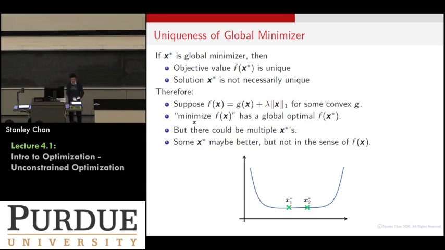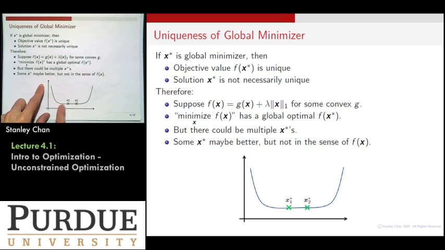Let me give you an example here. Okay? So imagine that you have a function that has this shape, and at the bottom of this function it is all flat. See that? It's all flat. Then how many global minimizers are there? Well, you have all the points inside this interval. They are global minimizers because they do minimize the function.